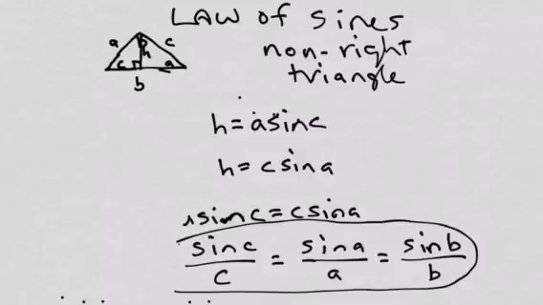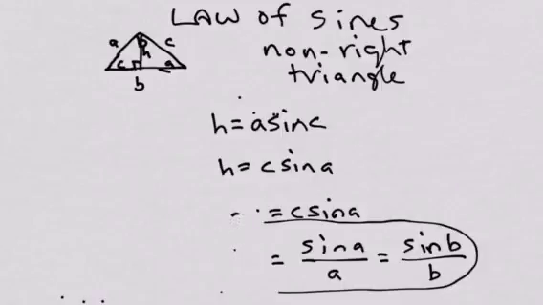The law of cosines is a little more complicated to derive, but it's not that bad. Let's take a non-right triangle, and in fact I'm going to make it close to a right triangle, pretty close to 90 degrees.